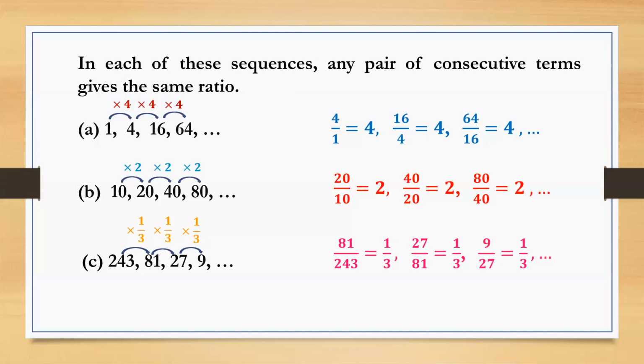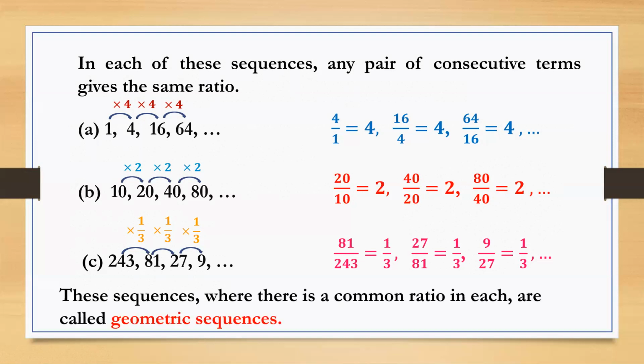So here we have 81 over 243, which is 1/3. 27 over 81, which is 1/3. 9 over 27, which is again equal to 1/3. So any pair of consecutive terms gives the same ratio. When this is the case, we call these geometric sequences.